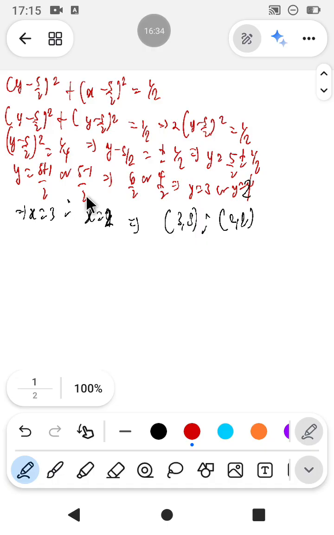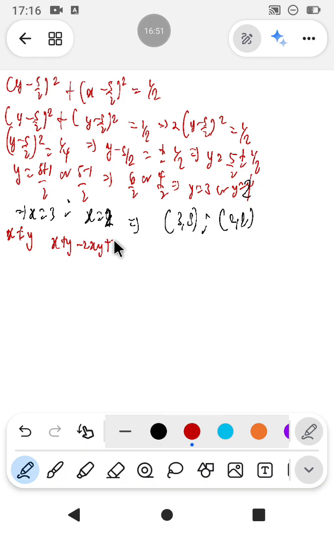All solutions to the original system when x is not equal to y will be solutions to the second equation, which is x plus y minus 2xy plus 7 equal to 0.